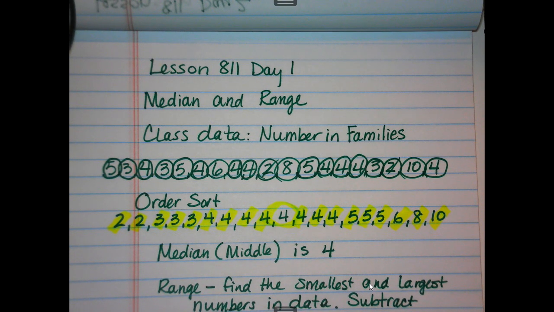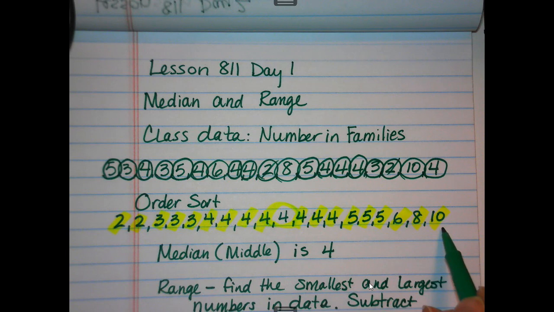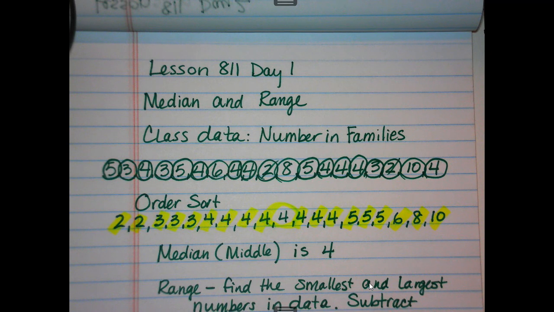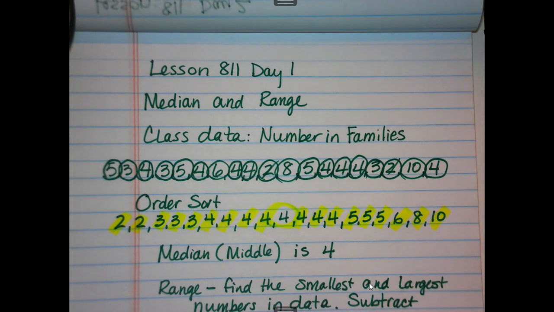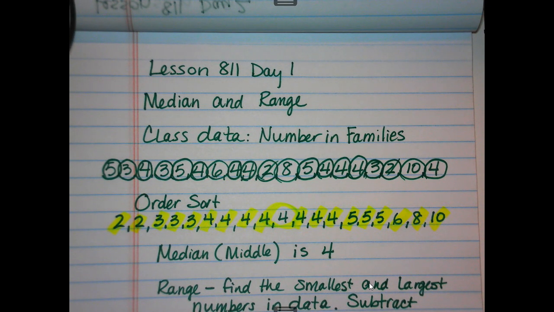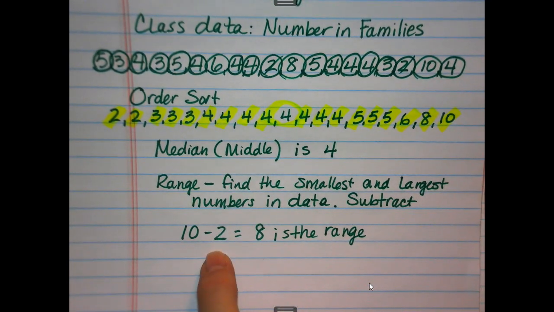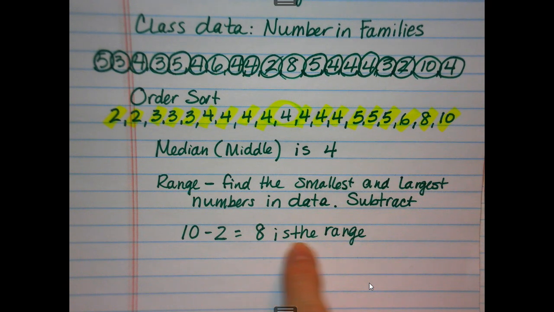And to find the range for this, our largest number is 10. So we are going to write an expression or an equation. 10 subtract 2 equals 8. And so that means that 8 is the range. And I'm going to slide that up so you can see my math that I just did, okay? So 10 subtract 2, 8 is the range.